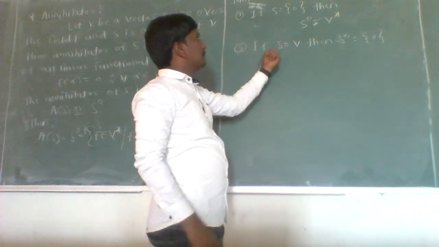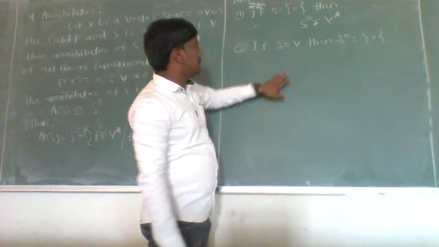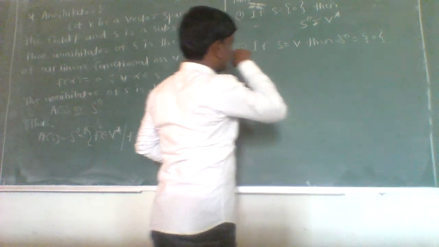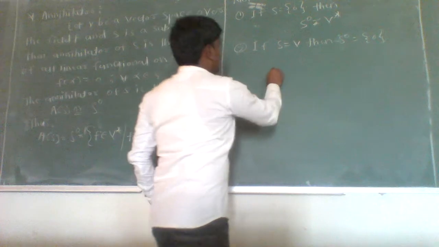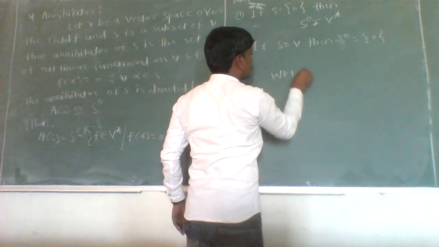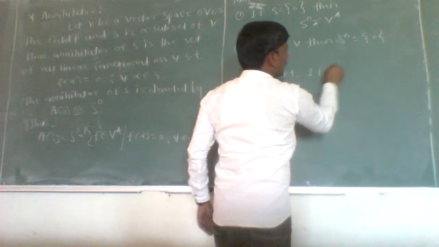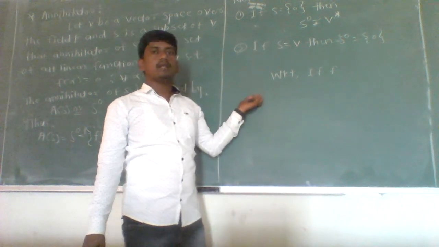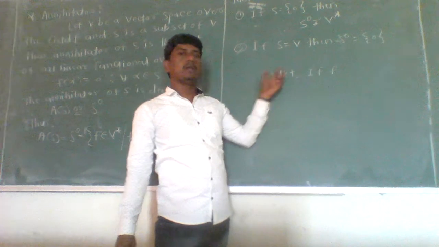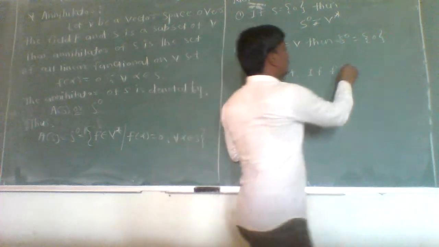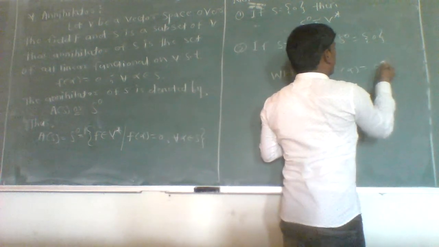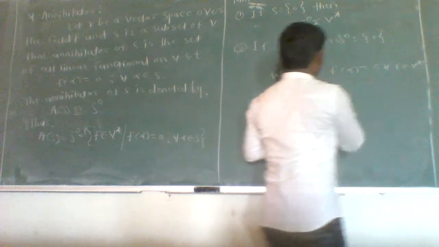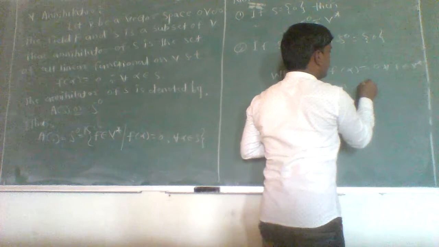We know there is one theorem: if V is a finite dimensional vector space over the field F, and if f of alpha is equal to 0 for all f belonging to V star, then alpha must be equal to 0.